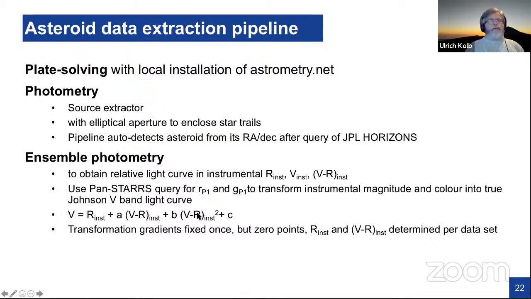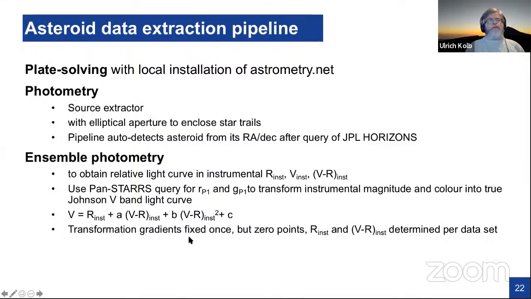And the relation which comes out of this rather convoluted process is that the V magnitude we want is given by the instrumental R magnitude, plus linear and quadratic terms of the instrumental color and certain constants.